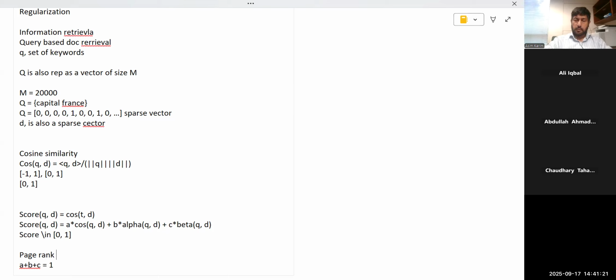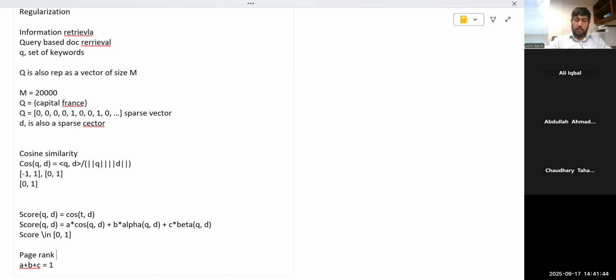This is very important in web information retrieval. And this was, as you know, developed by Google way back in 1997, I think, the PageRank algorithm. So you can include the PageRank score as part of that scoring function.